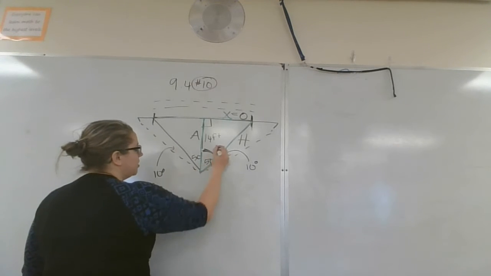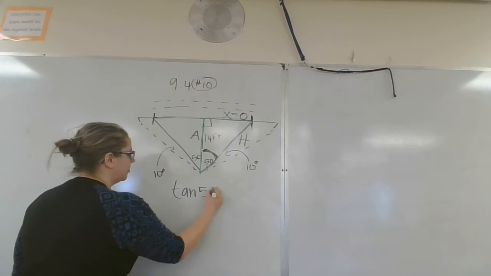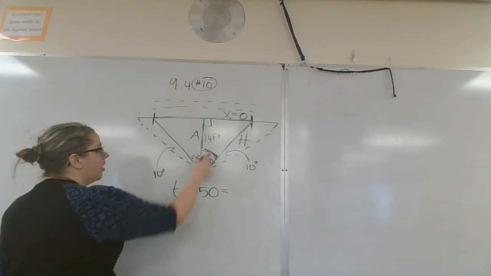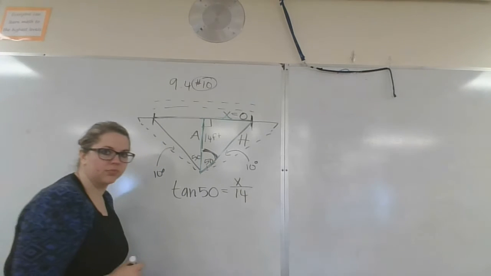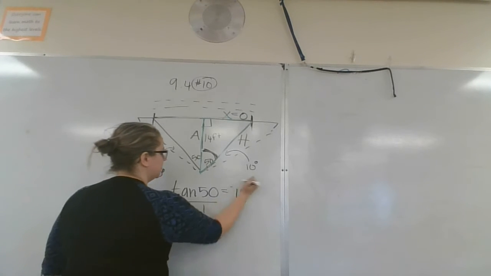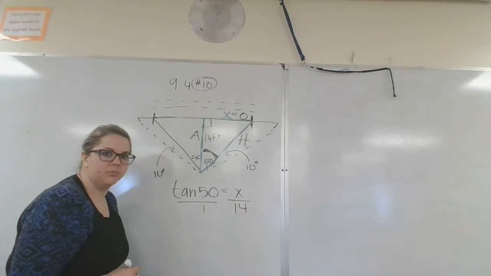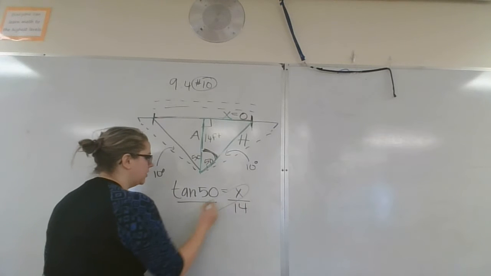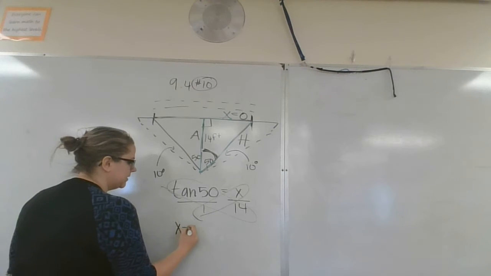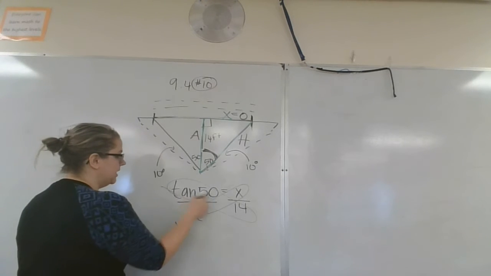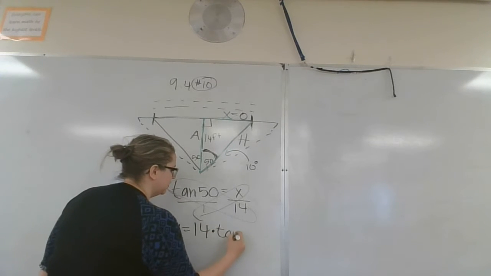So now I'm going to do tangent of 50 degrees equals opposite over adjacent, x over 14. Put my tangent of 50 over 1, and now I cross multiply. So I have x times 1, which is just x, equals tangent of 50 times 14, so 14 times tangent of 50.